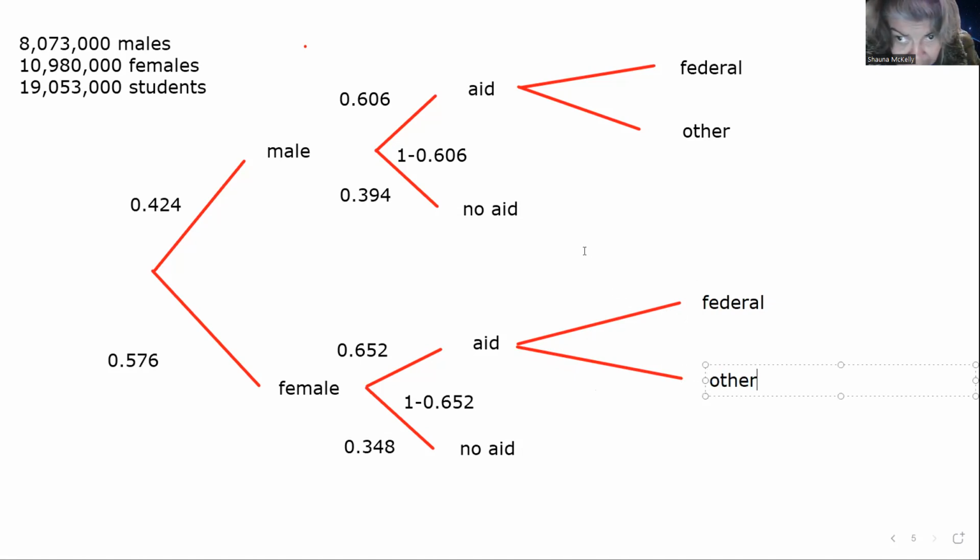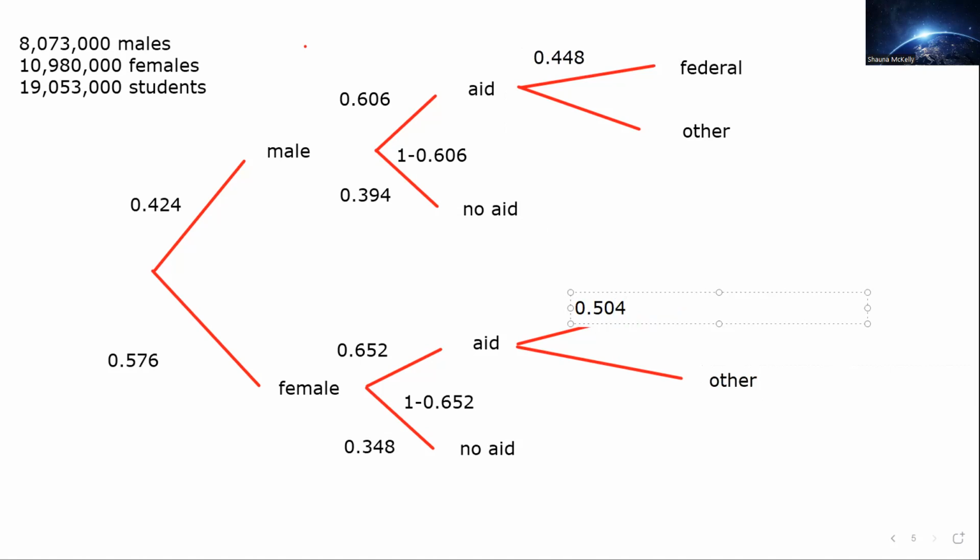So now, what percentage of the males who received aid got federal aid? Well, that was 0.448. And of the females, that was 0.504.